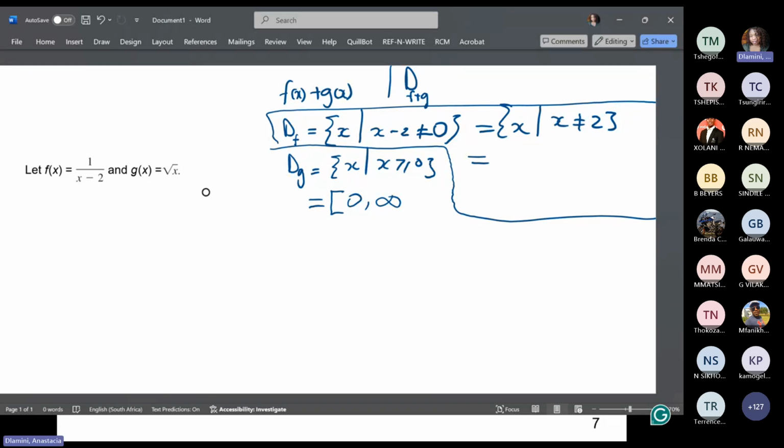So for f of x, you are saying 0 and 2, then normal brackets. For the bottom one, you're going to put a union. A union symbol is like a U. And then you put a normal bracket to infinity, and then a normal bracket.